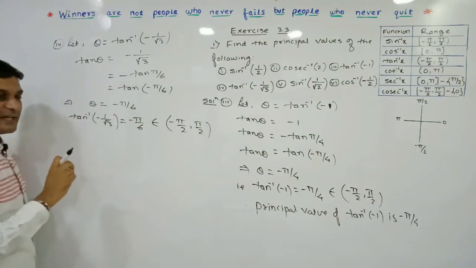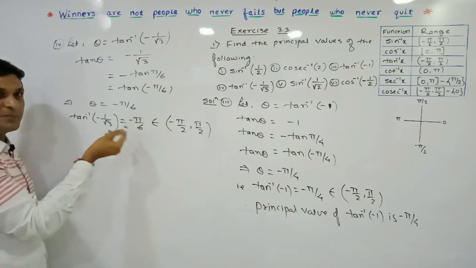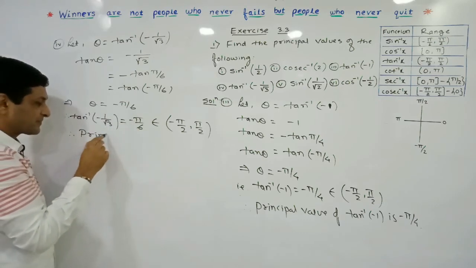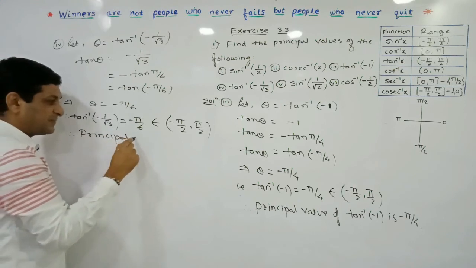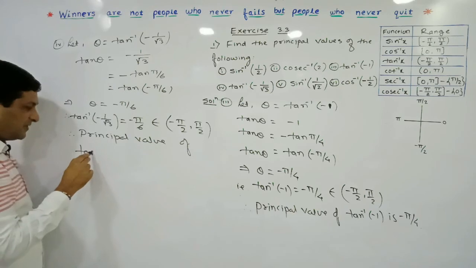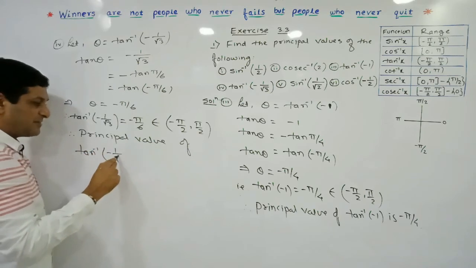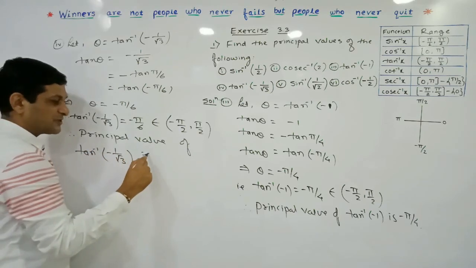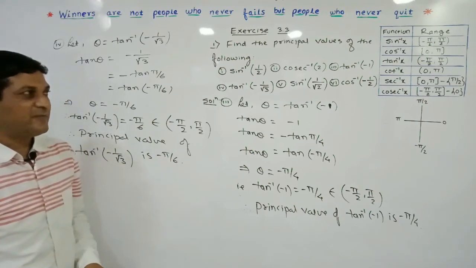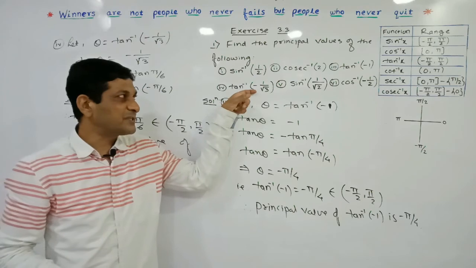Since it lies in the range set, we can say that this is the principal value. So therefore the principal value of tan inverse of -1/√3 is minus pi/6. In this way we have got the principal value of this inverse trigonometric function.